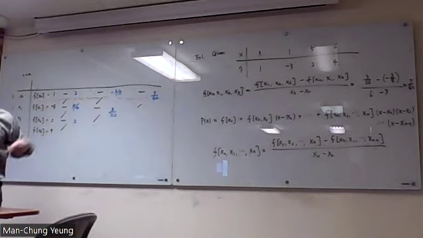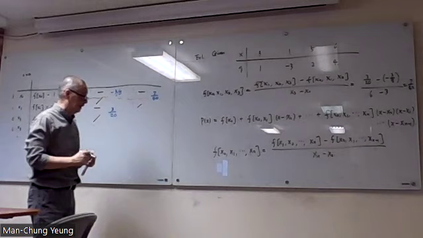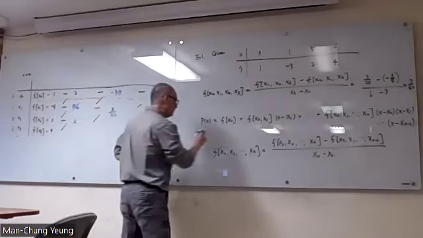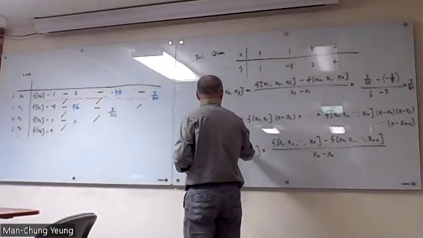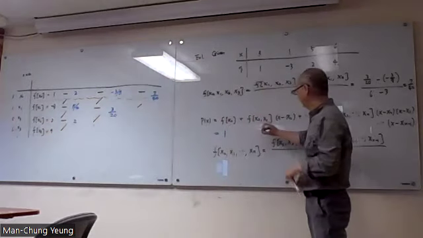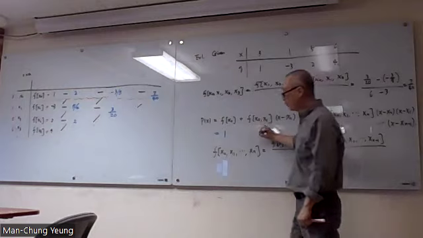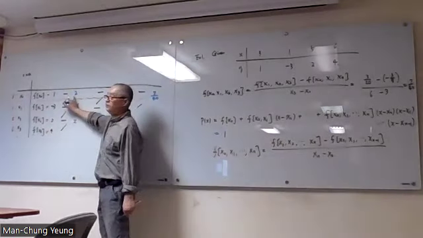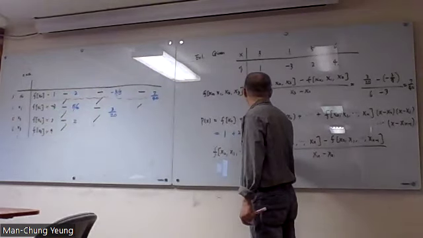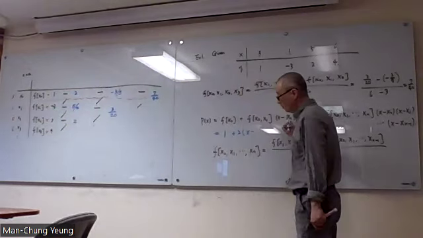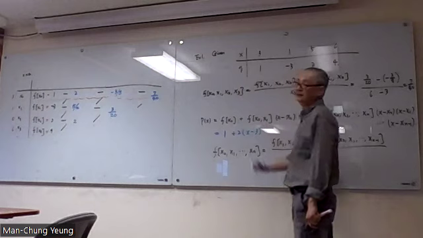Therefore, the Newton interpolation polynomial is this: f(x0) is 1, plus f[x0, x1], number 2, times x minus x0, which is 3.